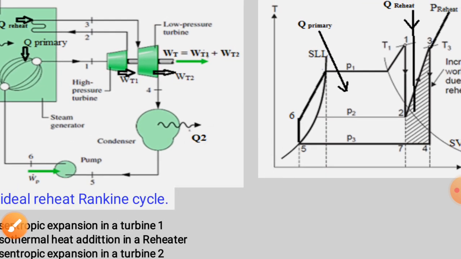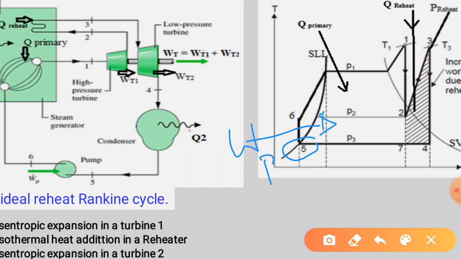At state 5 it enters the pump. We supply pump work, W suffix P, into this cycle. Because of that there is an increase in its temperature as well as enthalpy from 5 to 6, but it is still in liquid condition.